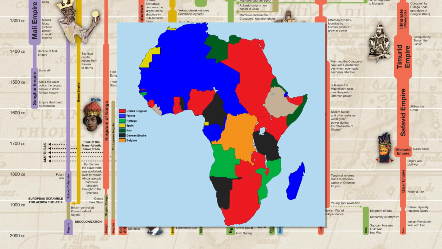During this time, almost the entirety of Africa was claimed by European powers, mostly France, shown here in blue, and the United Kingdom, shown here in red, but also Portugal, Spain, Belgium, Germany, and Italy. The only parts of the continent that were not colonized during this period were Ethiopia and Liberia.